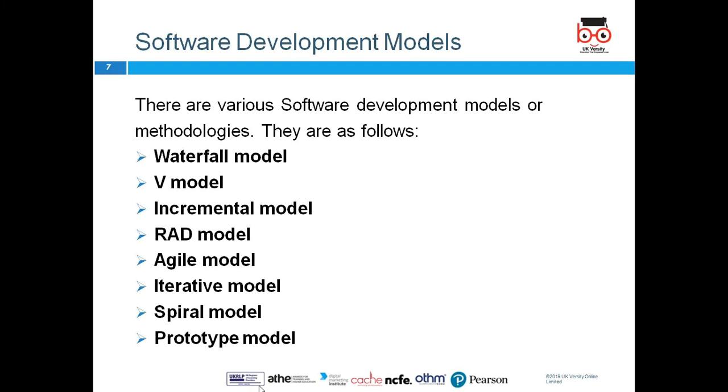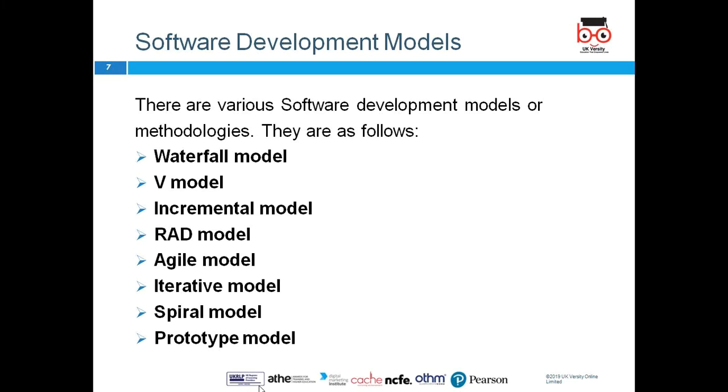Now, have you heard about the waterfall, V model, incremental model, rapid application? I've heard that the waterfall model goes from the designing stage until the execution, but I've not heard of the others. Basically, the waterfall model, as the name implies, means you need to go through step by step.